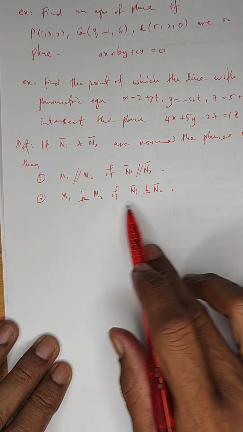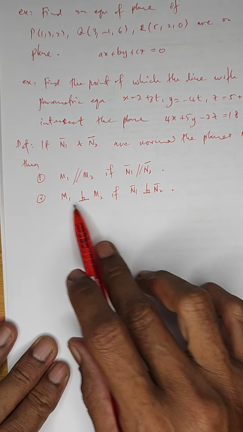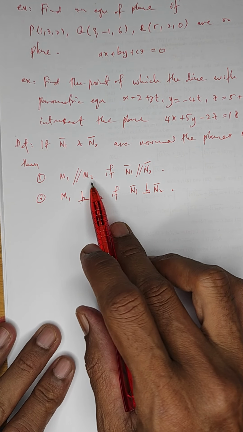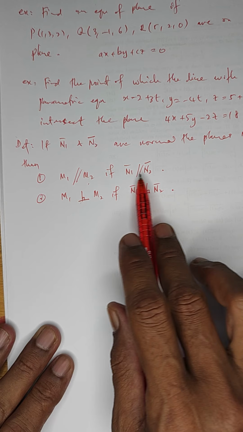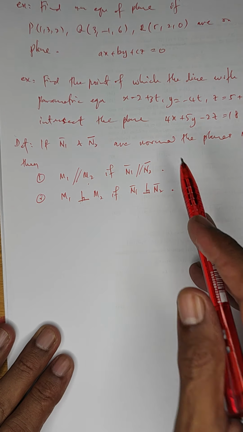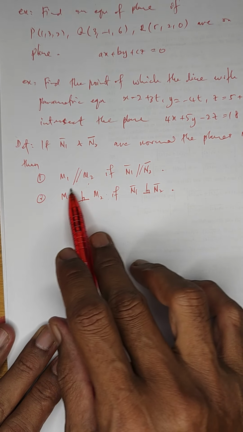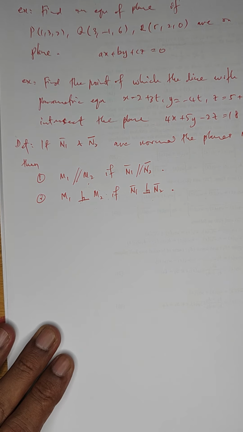This is not difficult to see. If two planes are parallel, then obviously the normals to those planes are also parallel. And if they are perpendicular, then the normals to them are perpendicular as well.